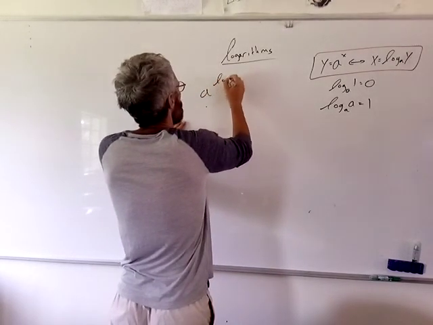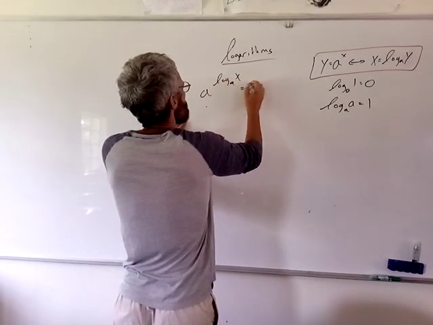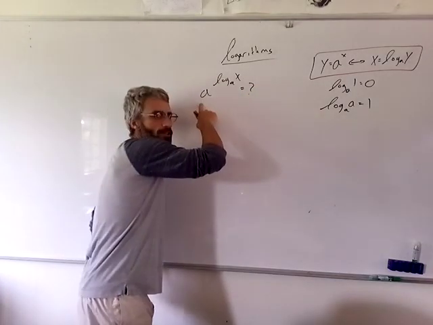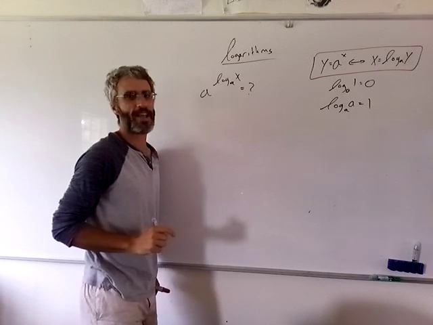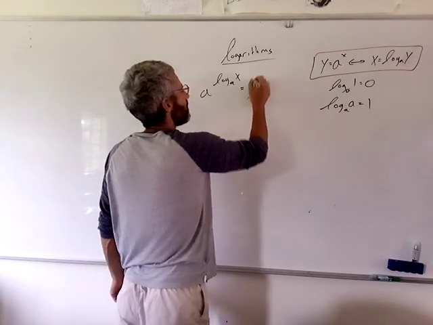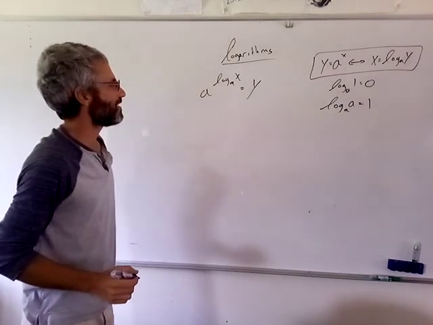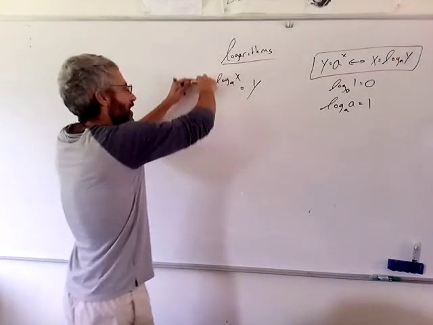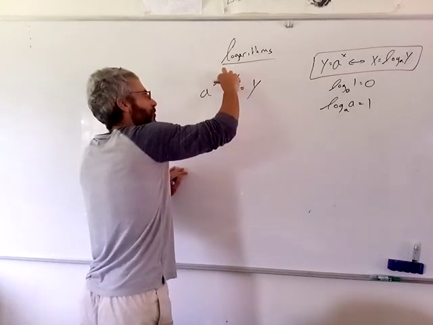A to the power of log x base a equals what? Okay? So we've got a to the power of the log of x base a. Now let's call this one y. Okay? Now, it's a little bit tricky. Try and follow me. We've got an exponential function and a logarithm inside it.